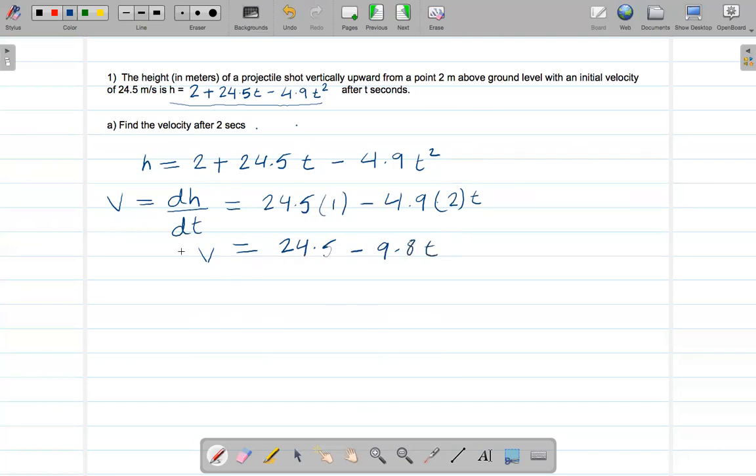All right, so here you get a velocity function, and then after this, you're finding the velocity after 2 seconds. That means the t here means seconds. Since we're saying t is 2 seconds, you can just plug this value in here to get the velocity after 2 seconds.